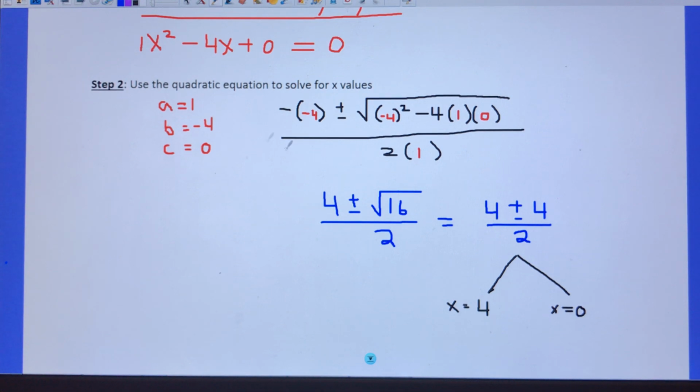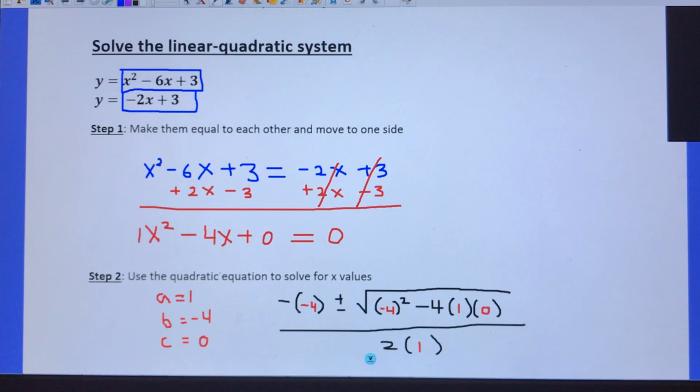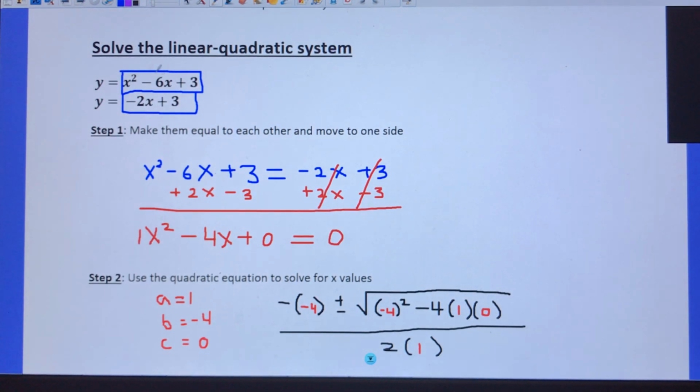And then step 3, you're going to have to plug those numbers into one of the equations on top. Obviously you don't want to plug it in here because it's too complicated. So plug it into the easier one, which is the bottom one.